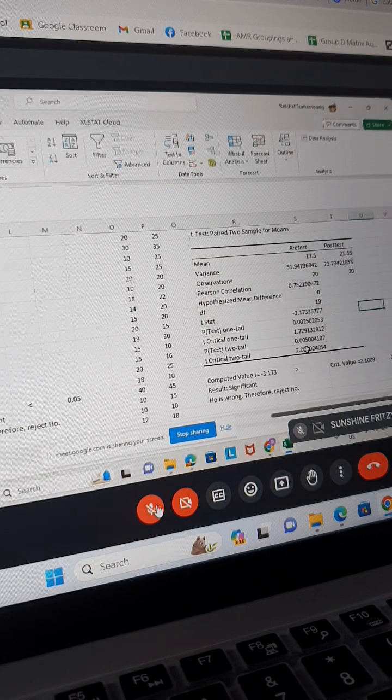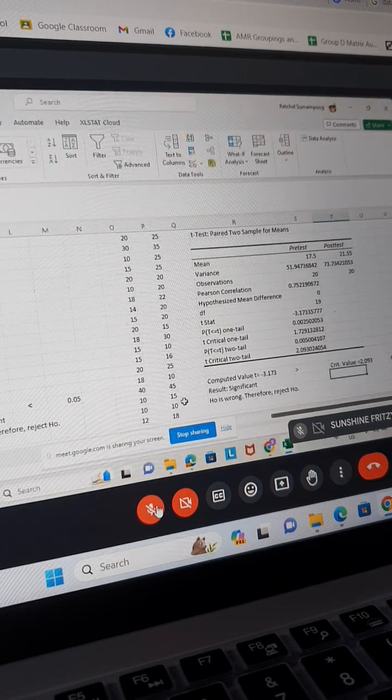Our critical value at two-tail, since 1.729 was the one-tail in our sample, we will be using 2.093. Can you follow? Okay.